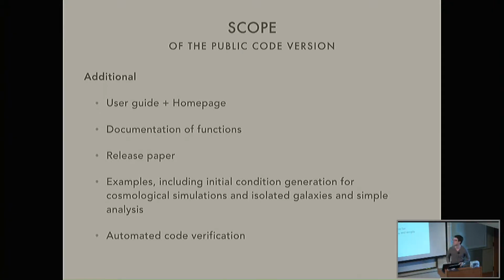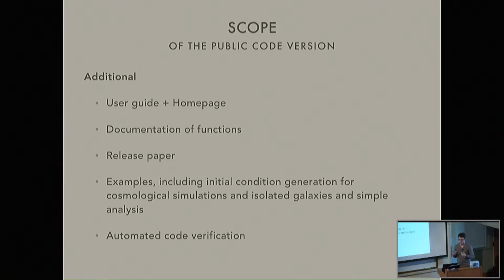Additional to that, and this is more than the work I've been doing, there is a user guide and a homepage for it, a documentation of all functions, which is important for future development, a release paper just to make clear what equations we are actually solving, for example, which is also sometimes not too obvious reading simulation papers, and a lot of examples going from very simple code tests like just wave propagation all the way to cosmological zoom simulations, just to serve as examples of how to get started with the code, and they also have some simple analysis scripts attached just to exemplify how this is done.